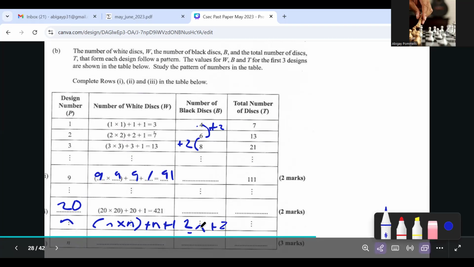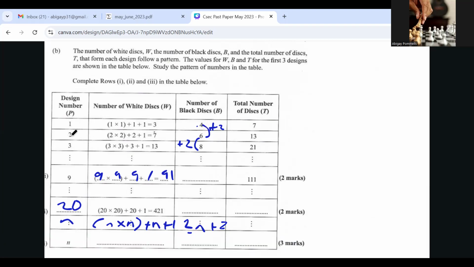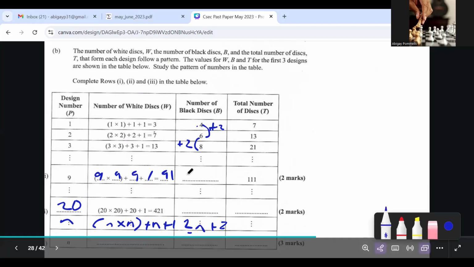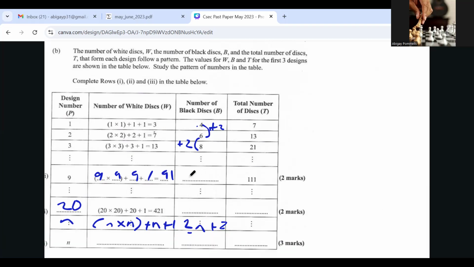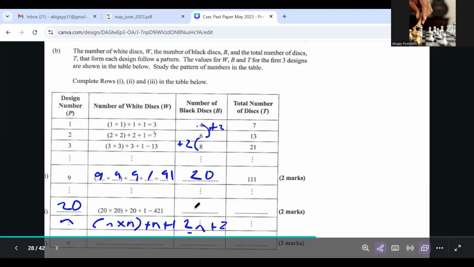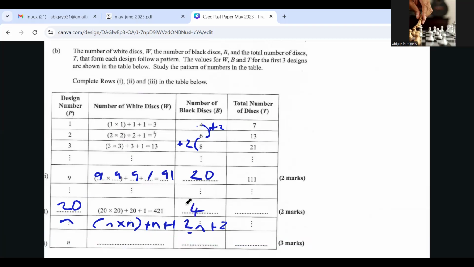So 2 times 1 plus 2 will give you 4. And 2 times 2 plus 2 will give you 6, and on and on. If I'm right here, 2 times 9 is 18 plus 2 will give you 20. And if I come down here, 2 times 20 is 40 plus 2, 42. Good. So that's the pattern.